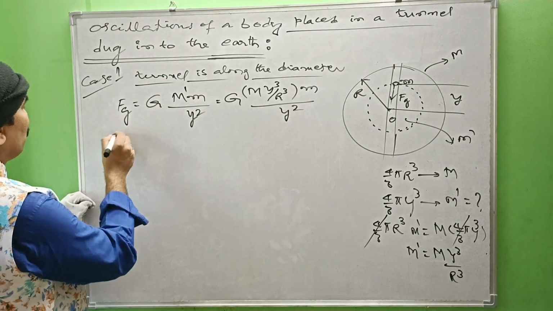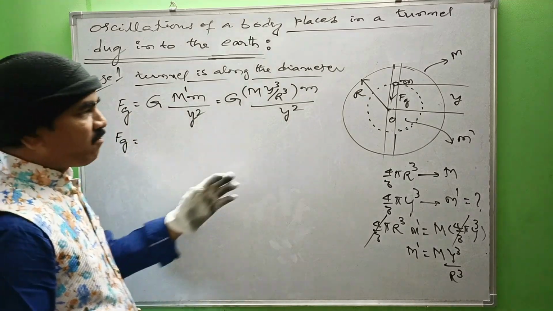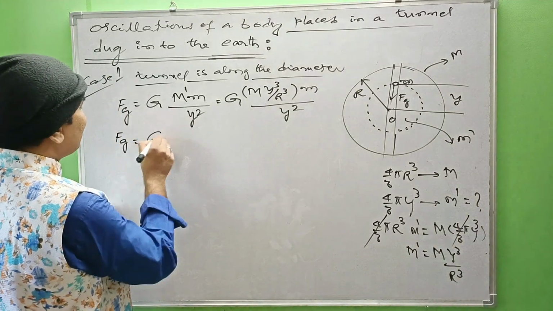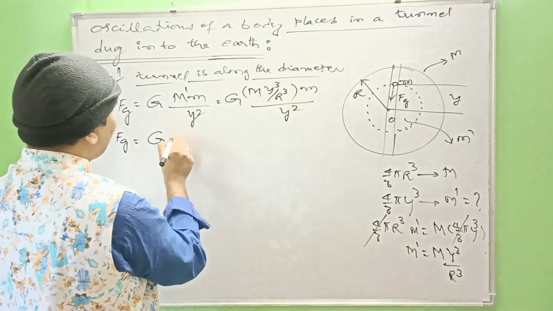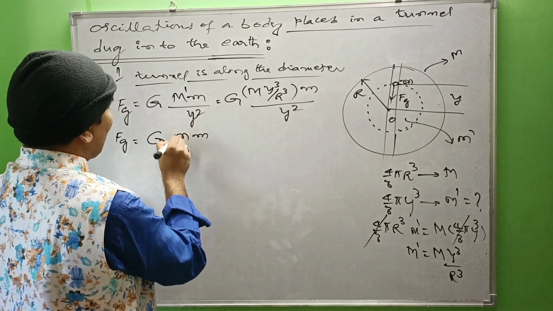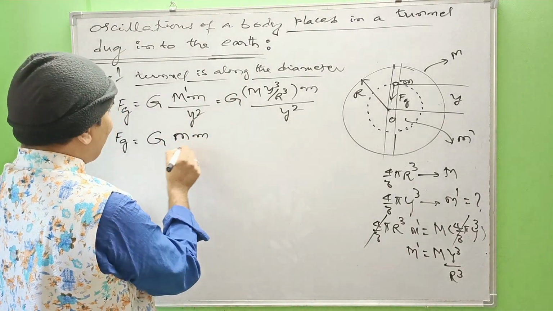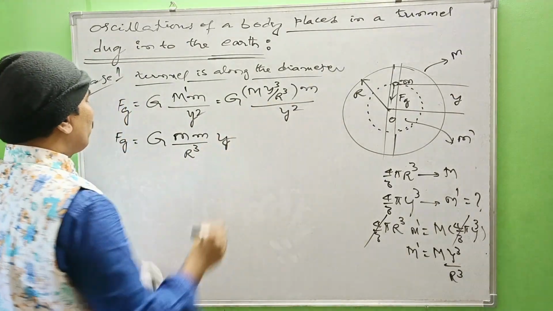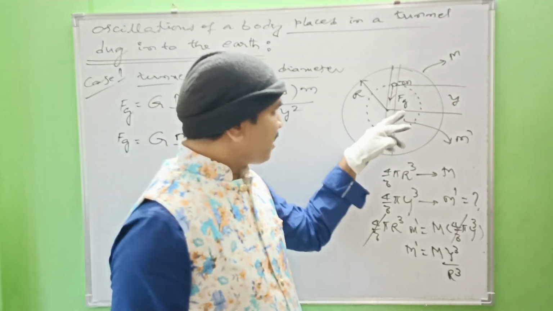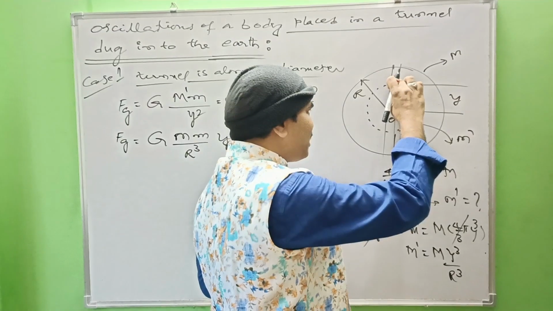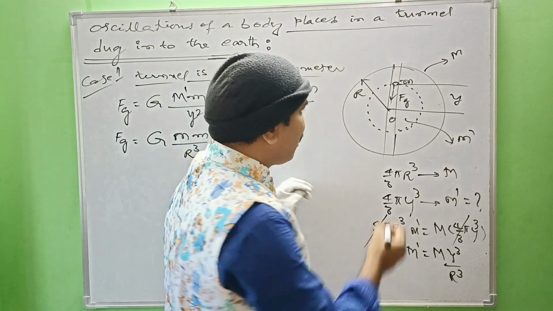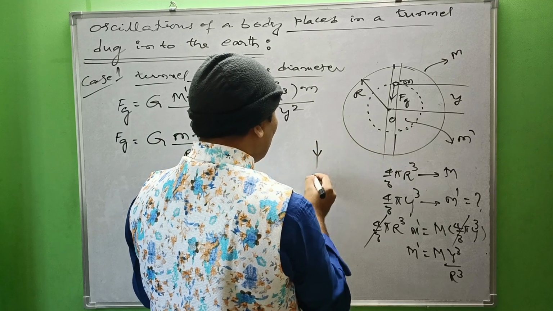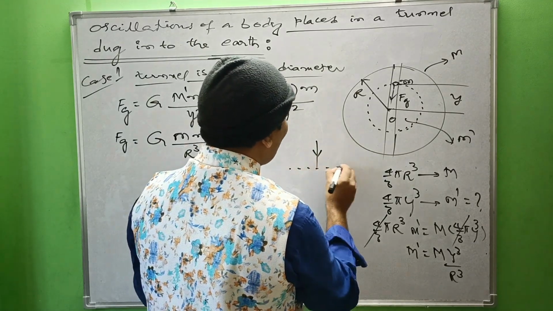Therefore Fg, the gravitational force acting on the body of mass m due to the earth, is given by capital G into capital M into small m divided by R cube, into y cube by y squared, that is y. Because of this gravity, whenever this body is placed at a distance y inside the earth along the diameter, it is pulled by the earth towards its center. So it moves towards the center of the earth, right? This is the center.